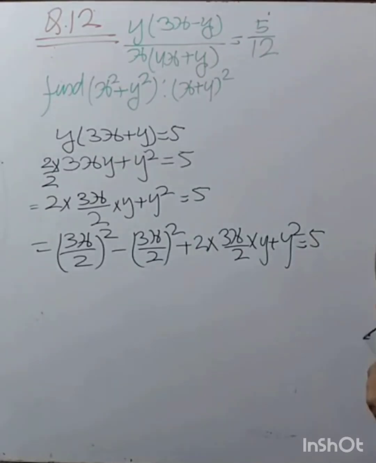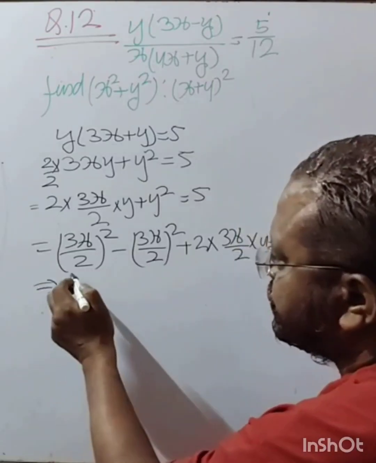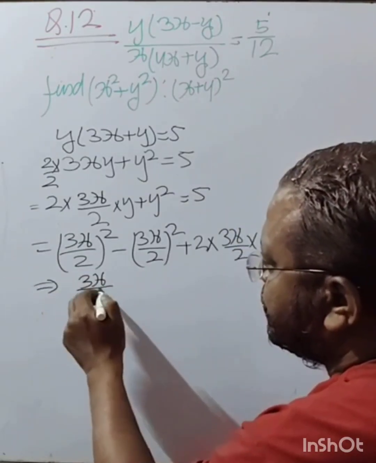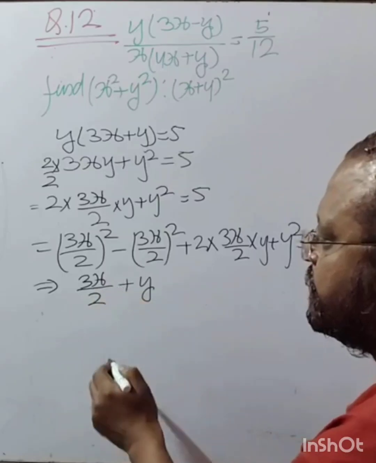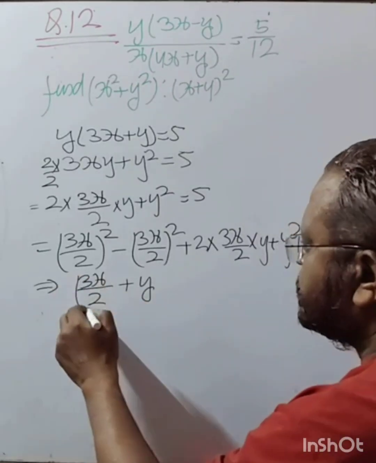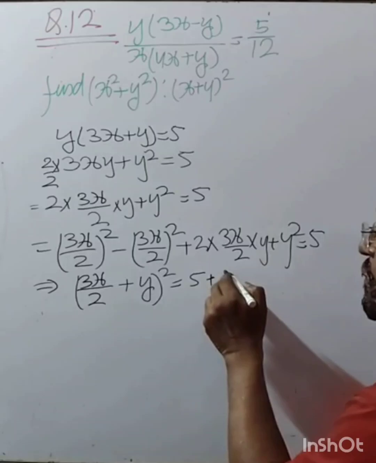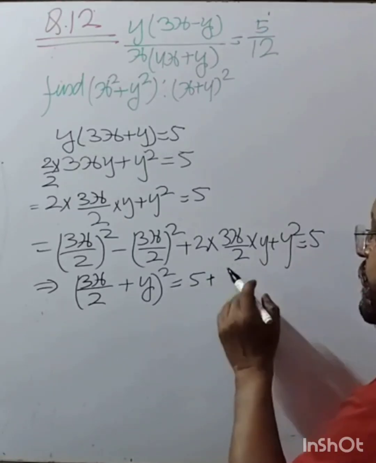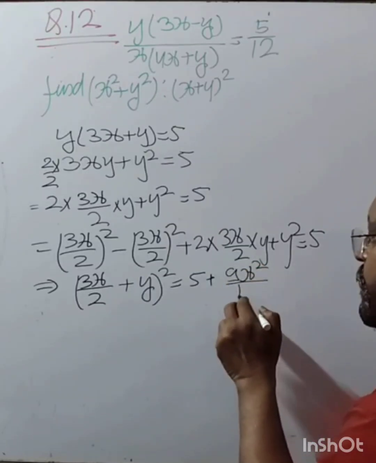Now what will we do? Bring this minus one to this side, so it becomes (3x upon 2 plus y) whole square is equal to 5 plus 9x square upon 4.